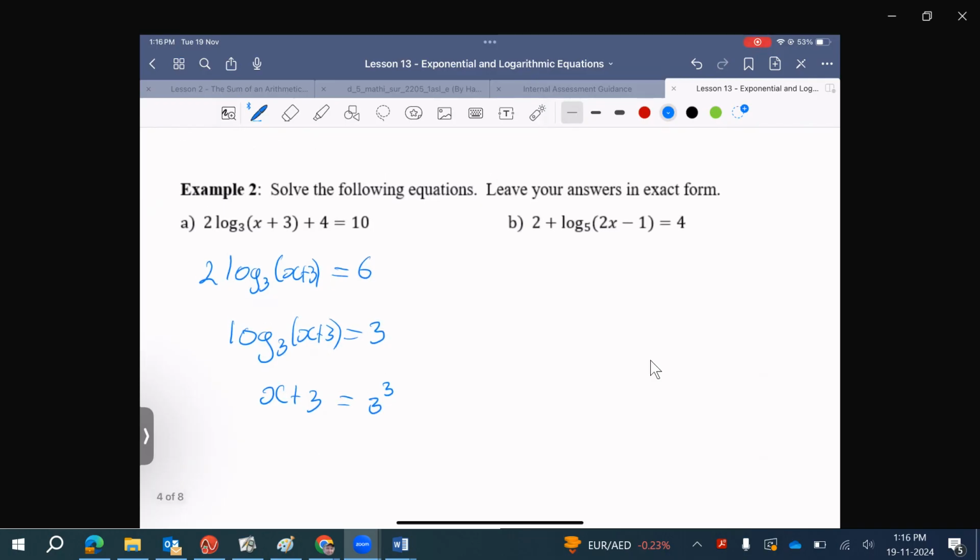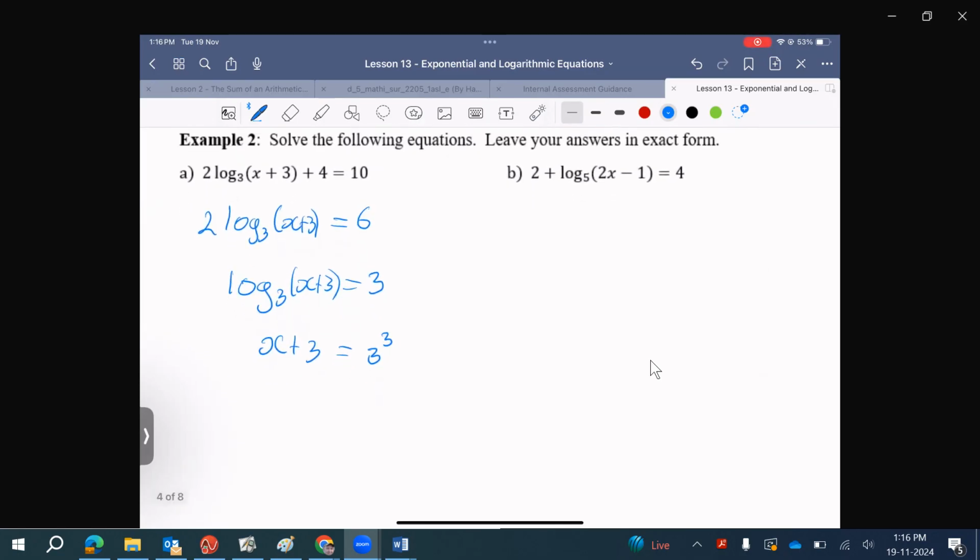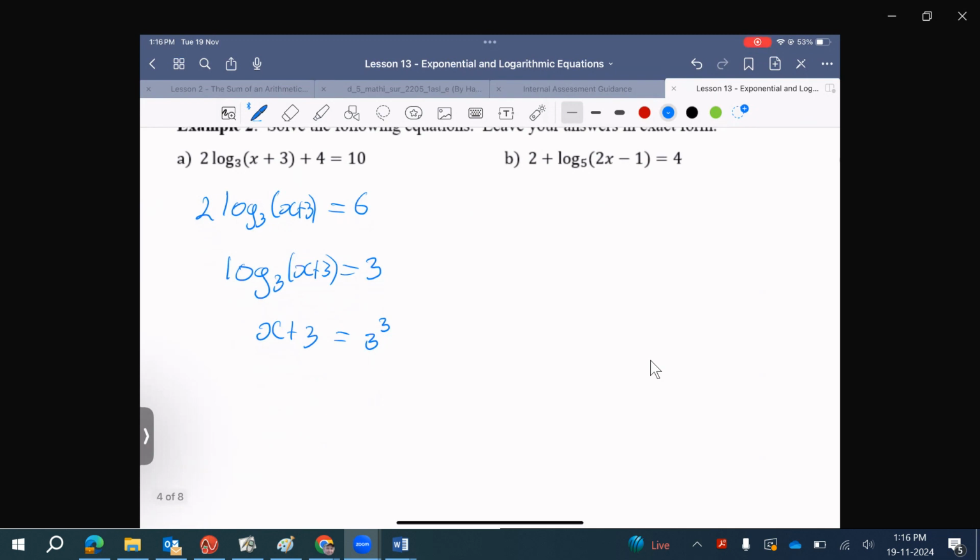So if we get it into the form log base b of x is equal to y, we can then move it across into x equals b to the y. And that's what I'm doing here. So then we've got x is equal to 27 minus 3. And that should give us 24.